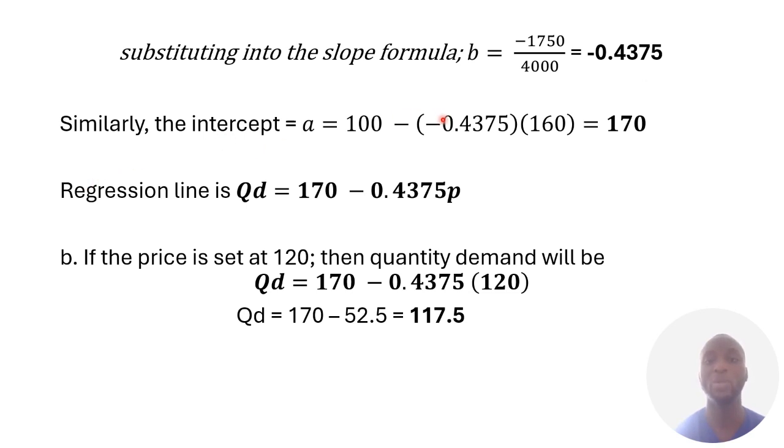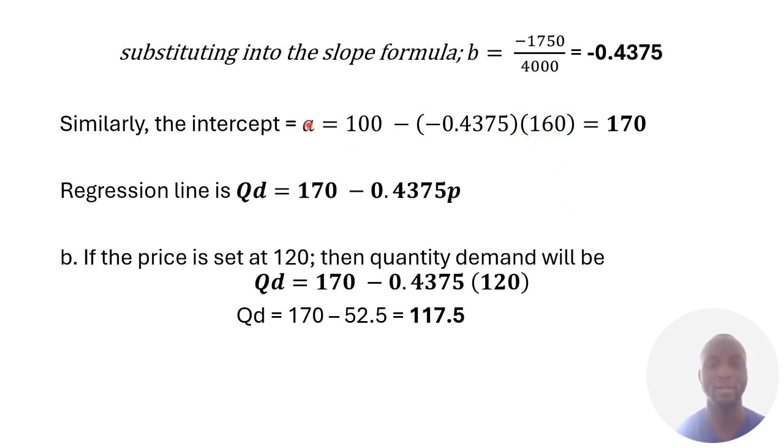So if we want to calculate the intercept, don't forget the intercept is simply A, and then you have the average quantity demanded minus the slope multiplied by the average of the price. You remember we did the 800 divided by 8 and then we got 100, and 1208 divided by 8 and we got the 160.